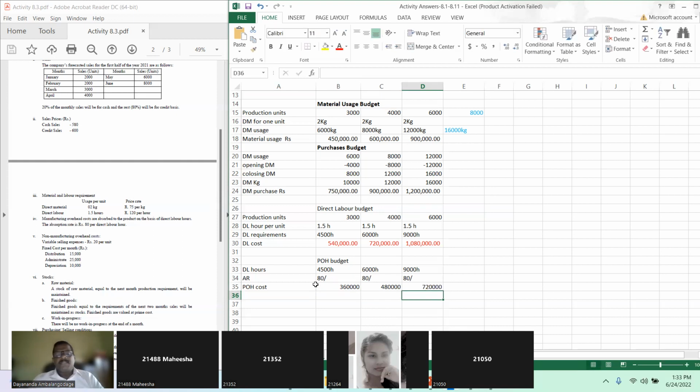So that is the production overhead cost, which also has an impact on the cash budget. So I am putting it in the same month. You have to remember that it has an impact on your cash budget.